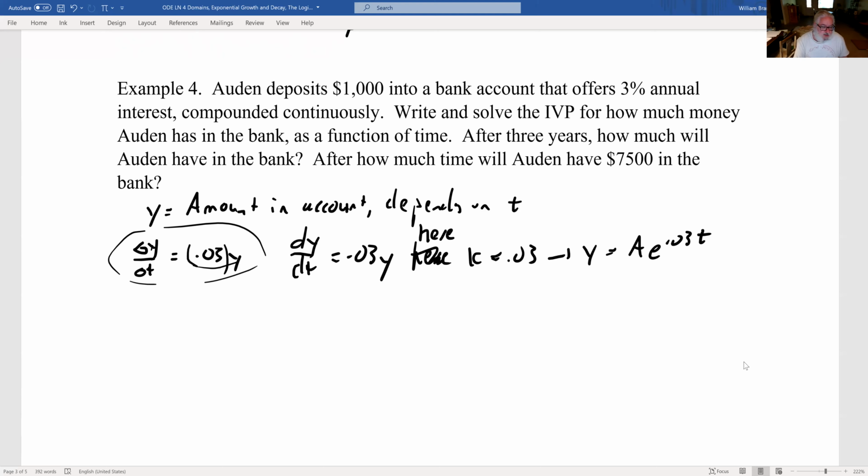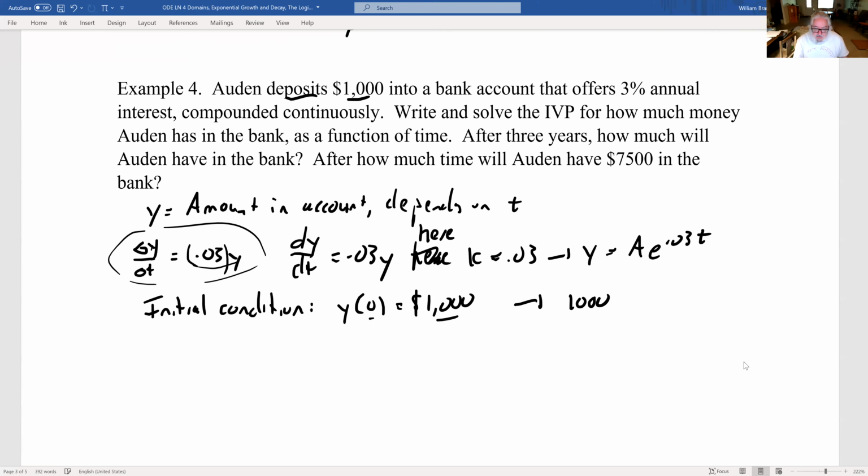We know the initial condition, although it's buried in the word problem, y of 0 equals $1,000. So he deposits $1,000 into the bank account, right? So at time t equals 0. So that means that 1,000, that's my y, equals a e to the 0.03 times 0, because that's my t, so that equals a.